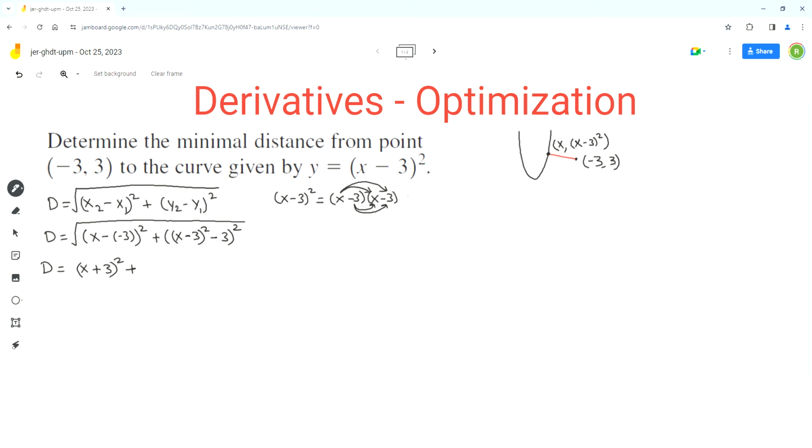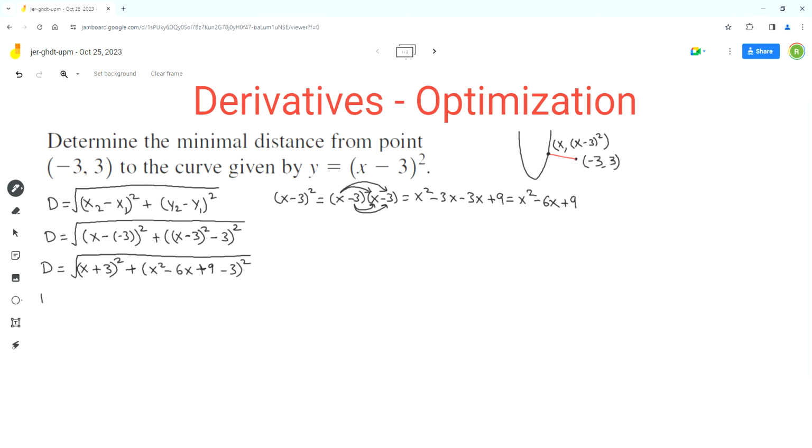So we get x squared minus 3x minus 3x plus 9, which can be simplified to x squared minus 6x plus 9. So we can use the expression in this distance equation: x squared minus 6x plus 9, and then minus 3, and then close the parentheses and square.